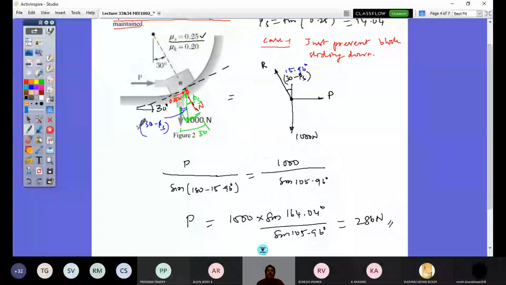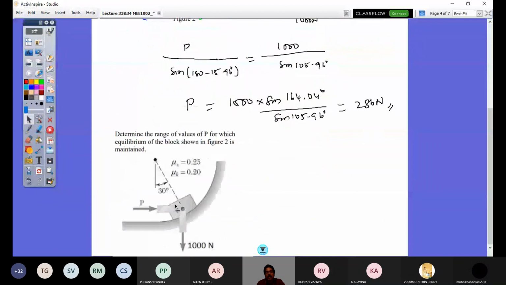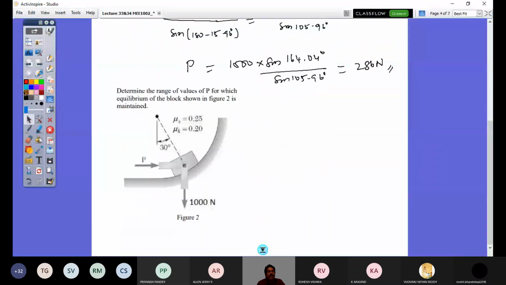So in such a case, what do you have to do? You should draw again a free body diagram. So let us draw the free body diagram for that. Copy this once again and take this diagram, and in this let us draw a free body diagram consistent with the second case.